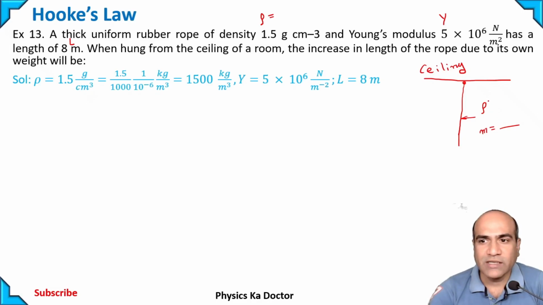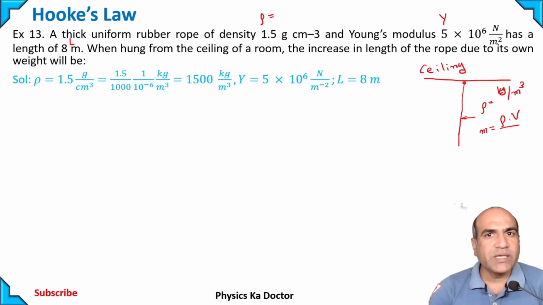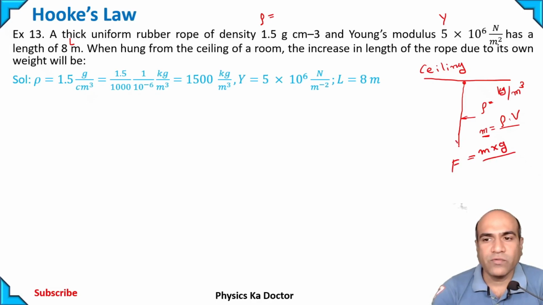Density is always like kilogram per meter cube. If you want to have mass, then simply density multiplied by volume of this rope. So it gives us mass. And if you multiply mass by gravity, it gives us the force offered by this rope.